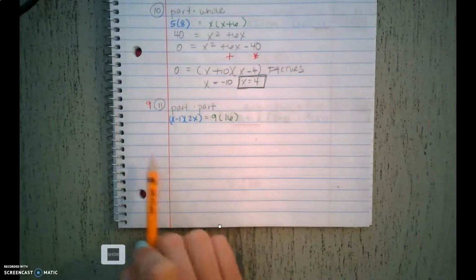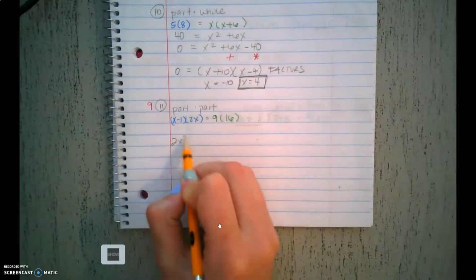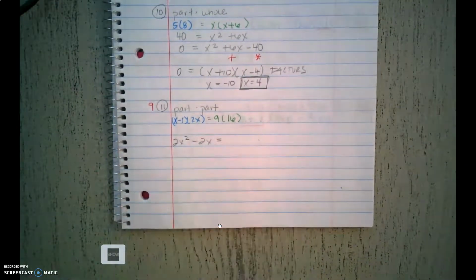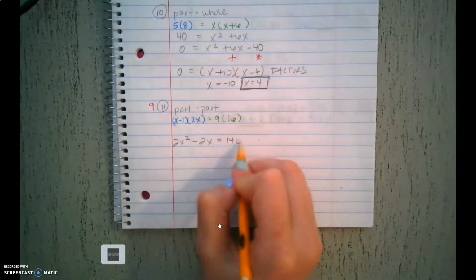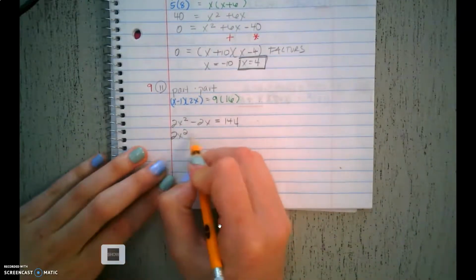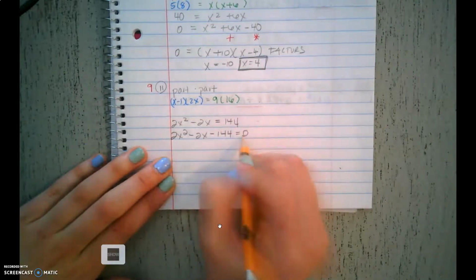Part times part means number 11 was a chord. So I'm going to have 2x squared, I'm going to distribute, minus 2x is equal to 9 times 16, 144. So this is going to be 2x squared minus 2x minus 144 is equal to 0.